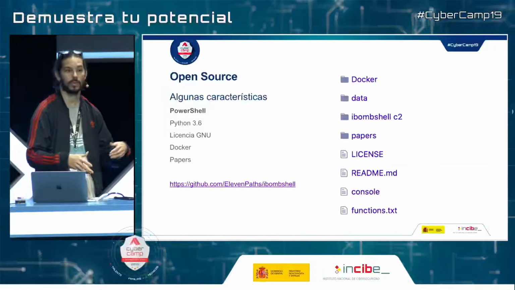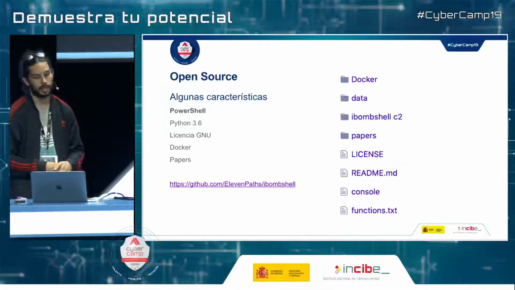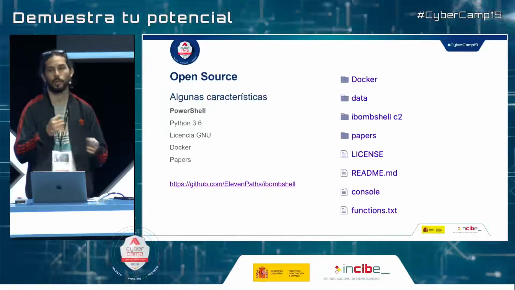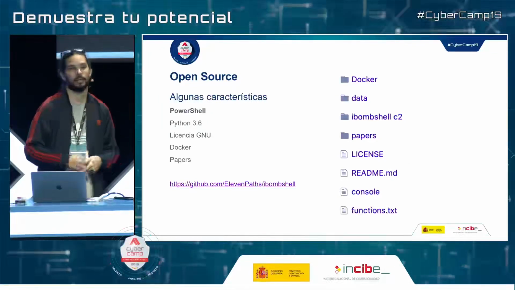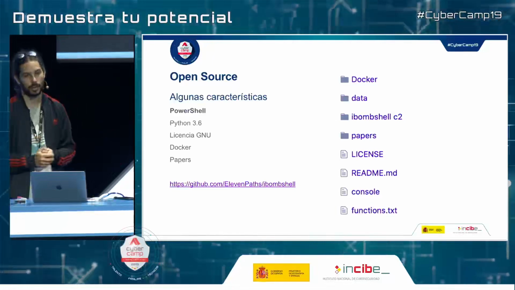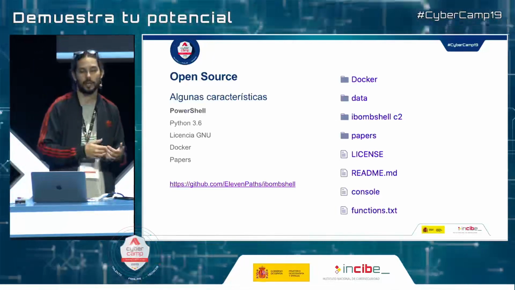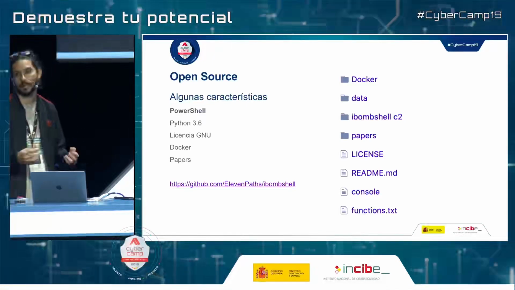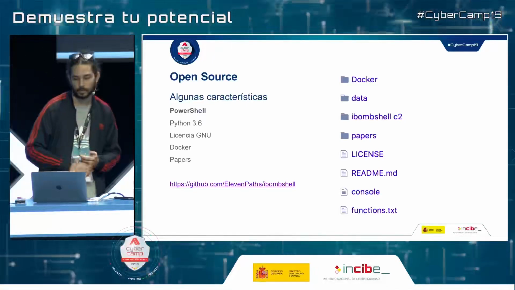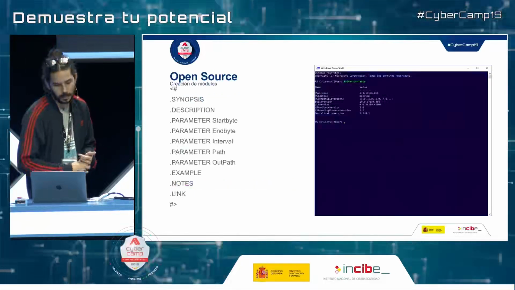And then we also have the papers. We also have papers in which there are many more details about my presentation today. If you have any questions, you can go to the papers section. The tool, of course, has evolved since the papers, but the core and the functionality is well explained there.